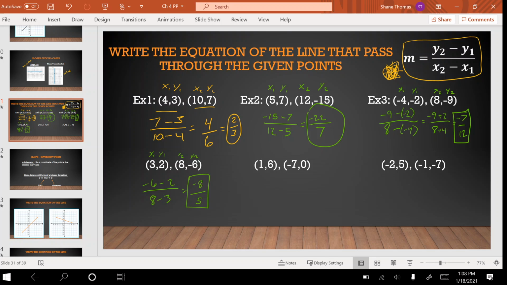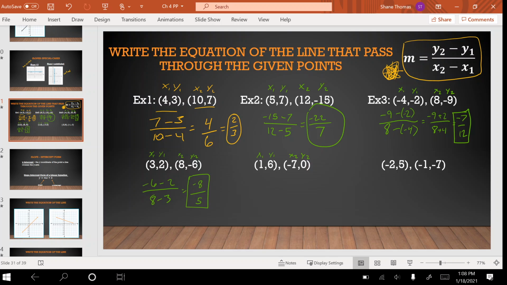All right. Second one. Who wants to walk me through this one? All right. What's the first step you got to do? Label. Good. X1, Y1, X2, Y2. Good. Now what?